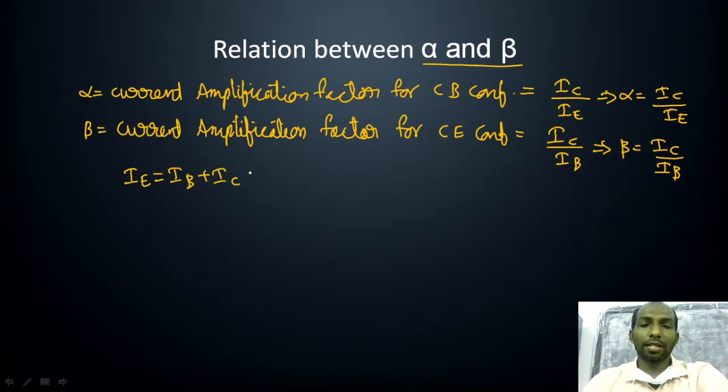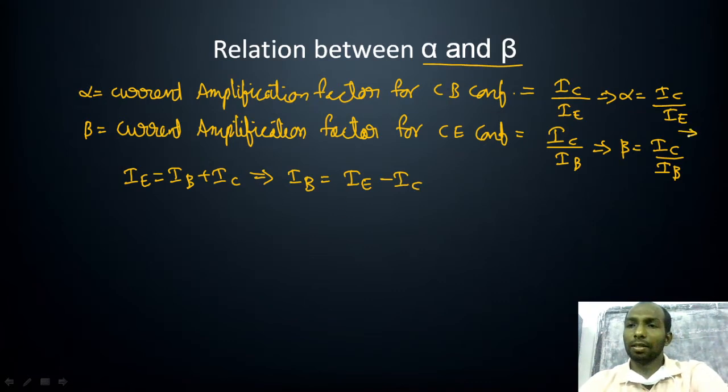So from this equation, I can write IB is equal to IE minus IC.